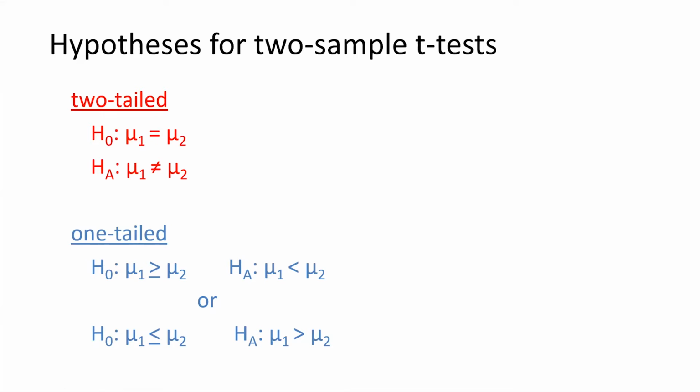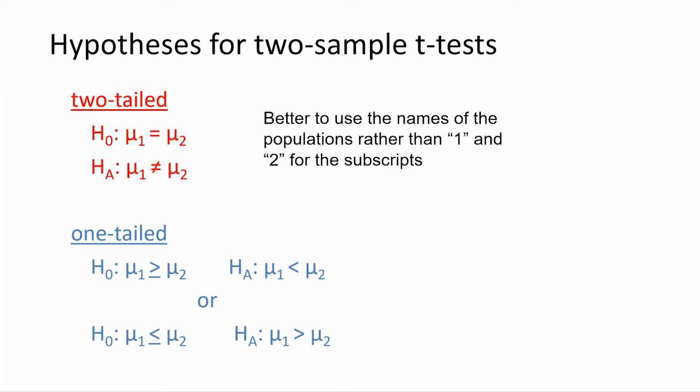Is robin group 1, is sparrows group 2, is sparrow group 1 and robin group 2, right? It doesn't really matter. You can switch them either way. It's arbitrary. It's really just done by whichever one I decide is first and whichever one I decide is second. So you can't really say it's right-tailed or left-tailed. You're saying either they're equal or not equal, or one is bigger than the other.